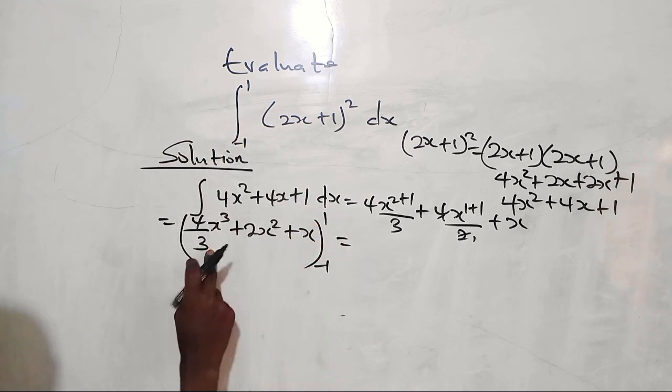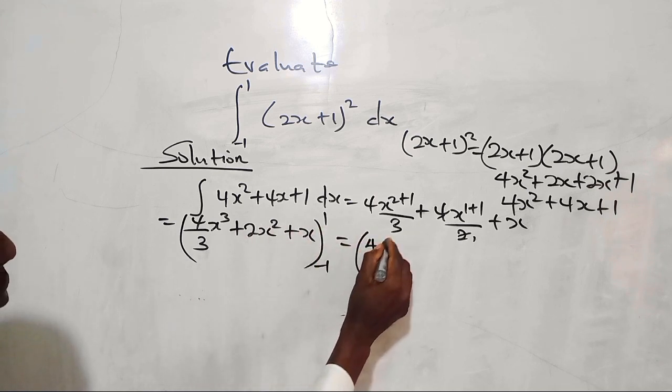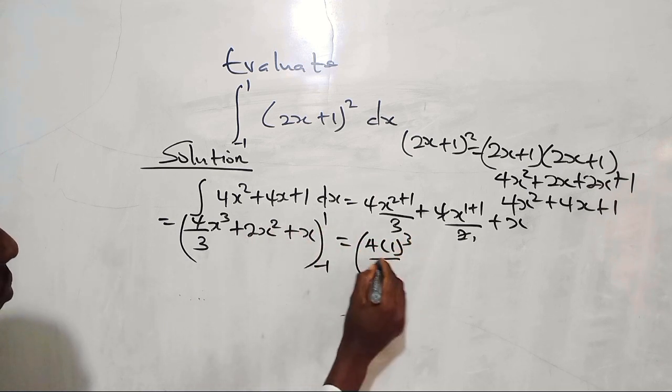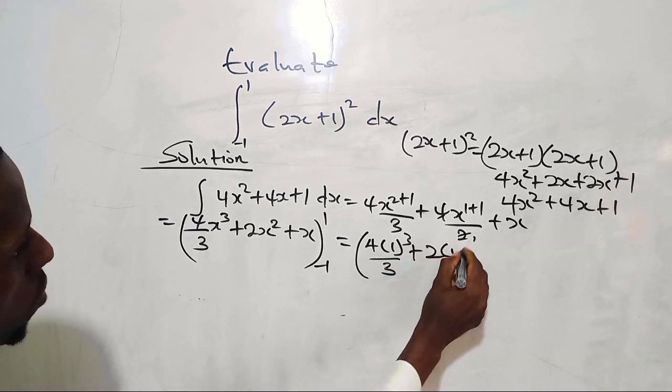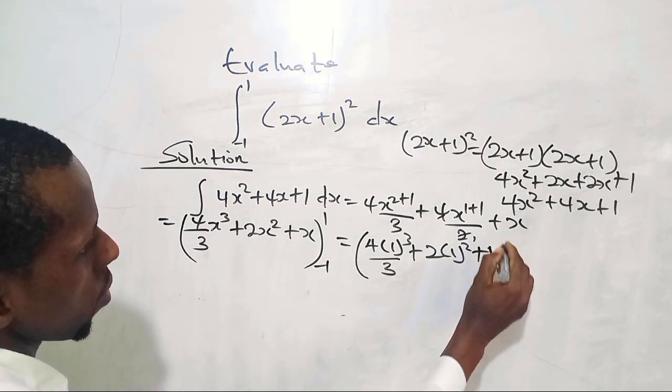So I'll substitute back here. I have 4 times 1 raised to the power 3 over 3, plus 2 times 1 squared, plus 1.